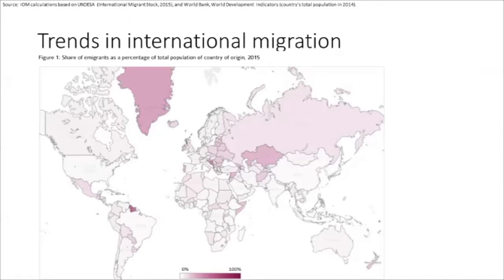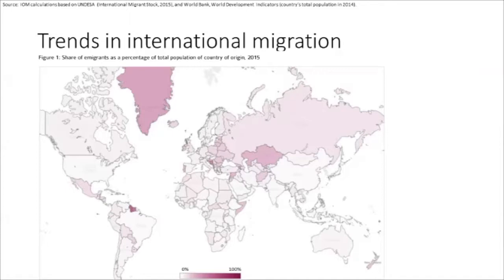Now let's have a look at Southeast Asia. And here you can see Thailand, which is displayed in white, which means that Thailand has a very low share of emigrants. That is, very few Thai people leave their country to live in other countries.